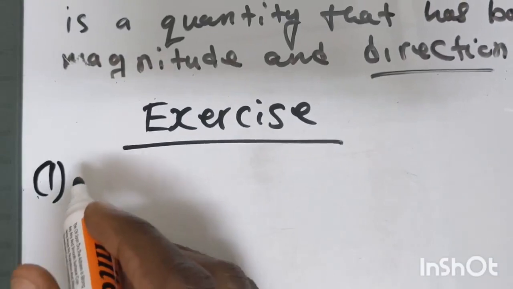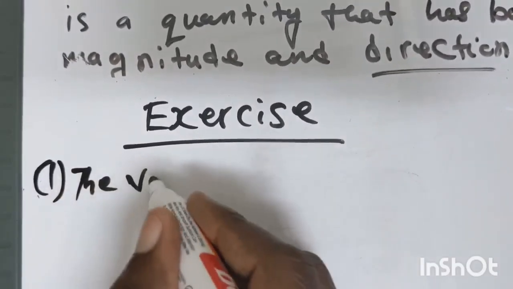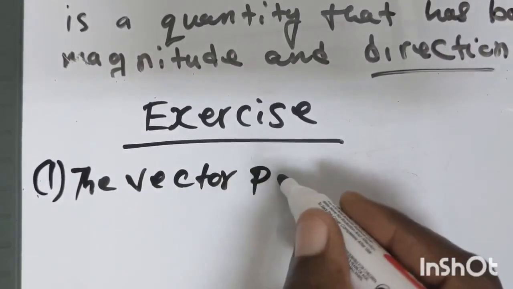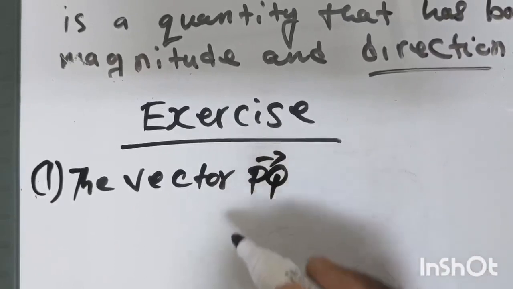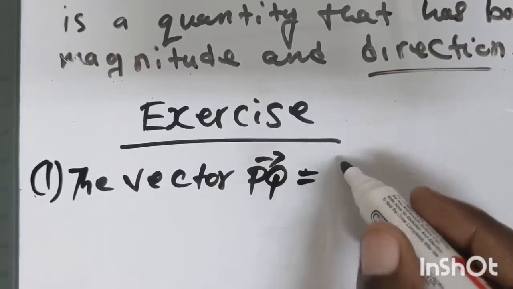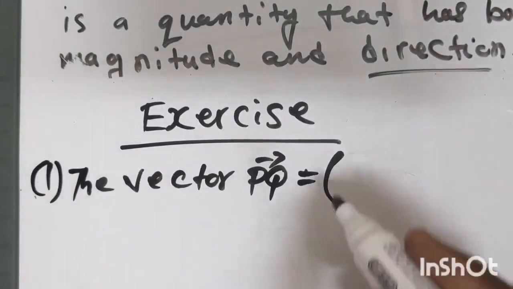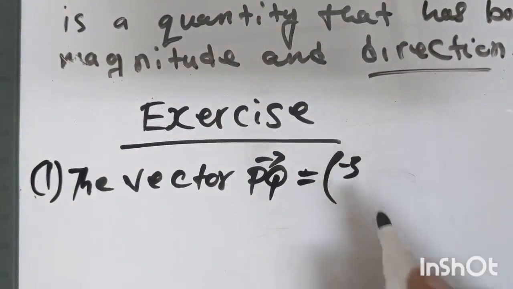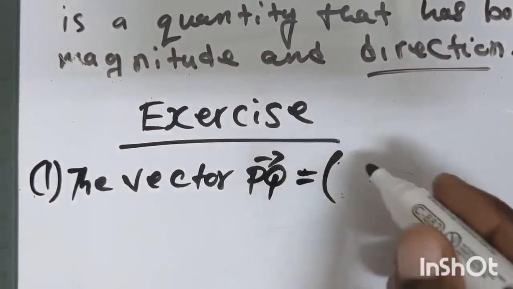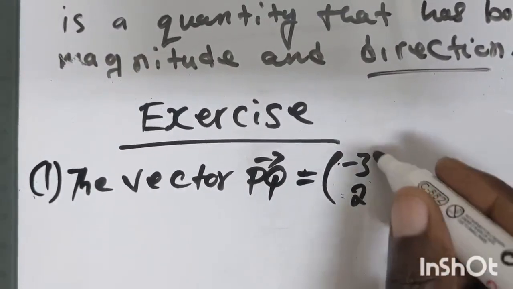It is saying that the vector PQ is equal to (-3, 2), like that.